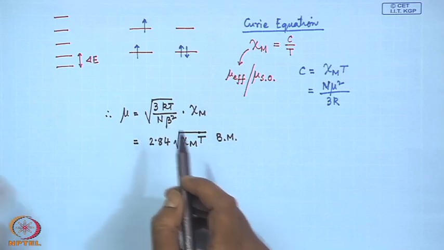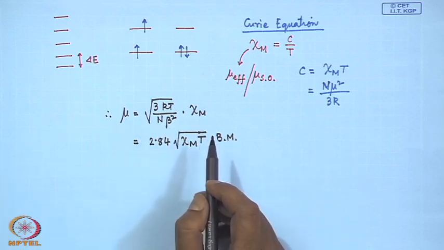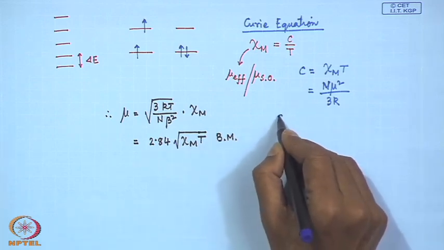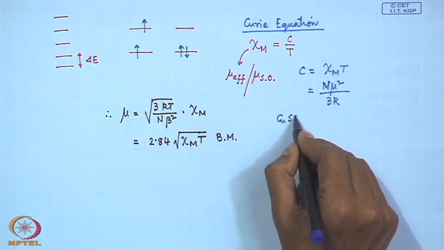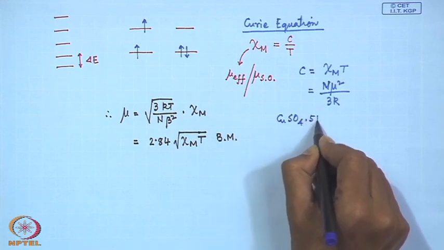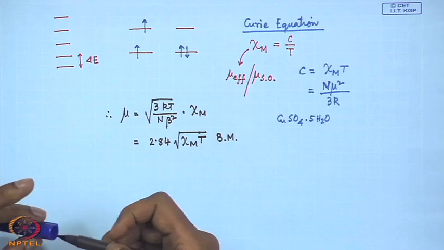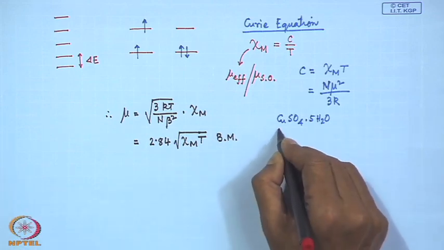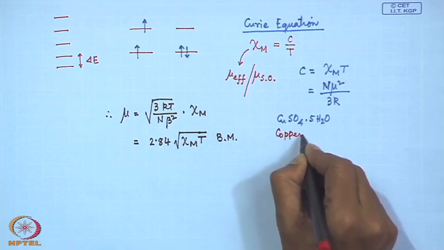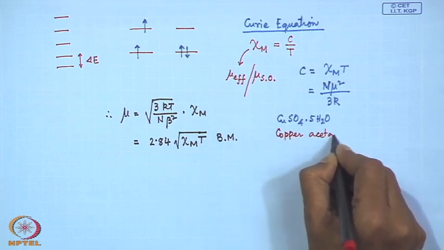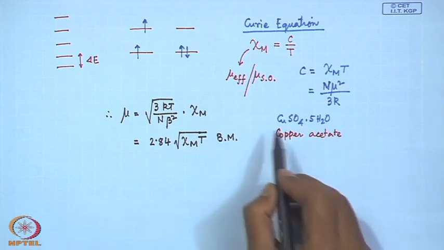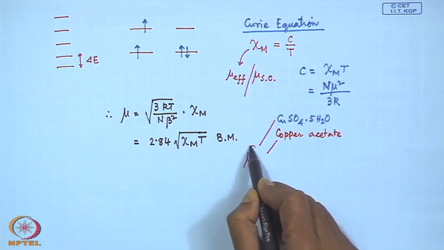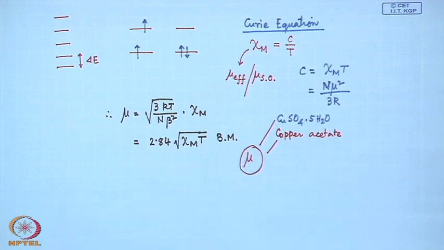So, our problem for determining this magnetic moment is whether, for a particular system like a copper compound, any simple copper salt, say copper sulfate pentahydrate, and the one we just saw, which is copper acetate, we can have these two compounds in our hand and want to measure the corresponding mu values for them.